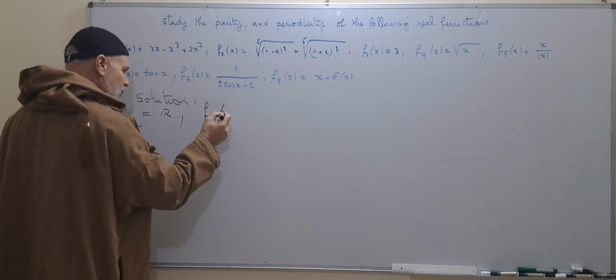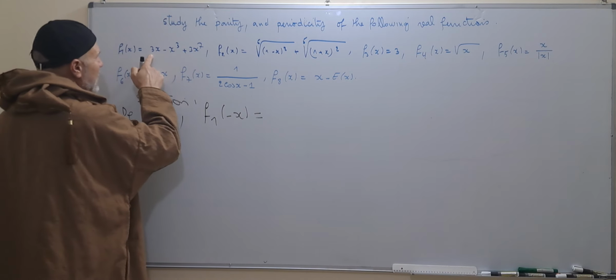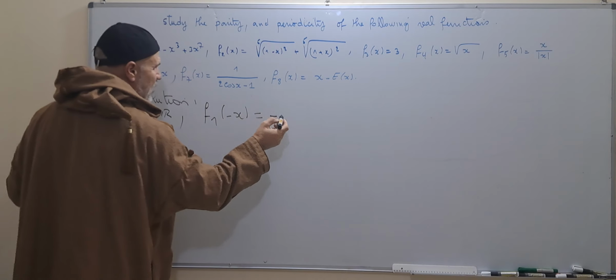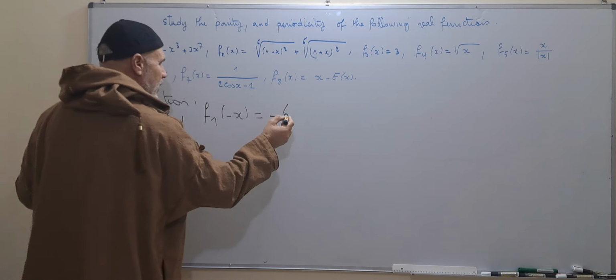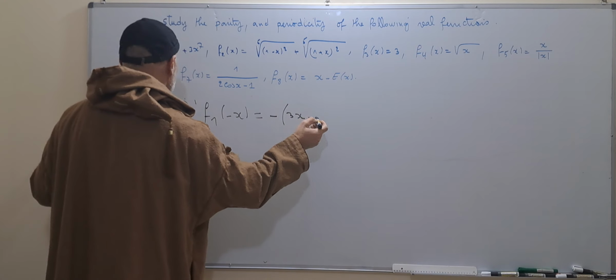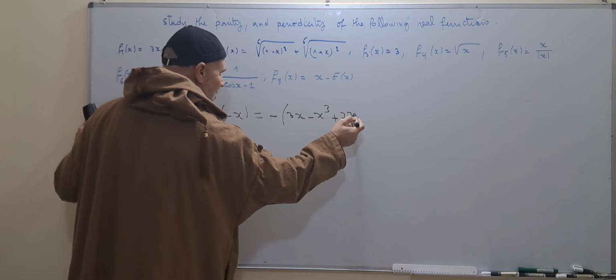Then f1 of minus x is equal to minus 3x minus x power 3 plus 3x power 7.